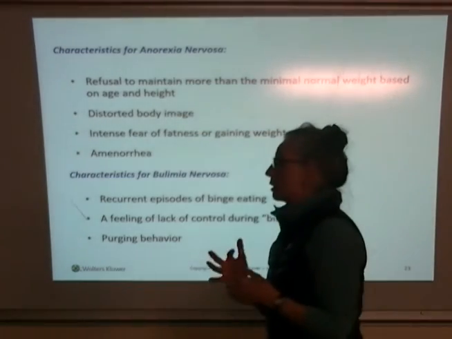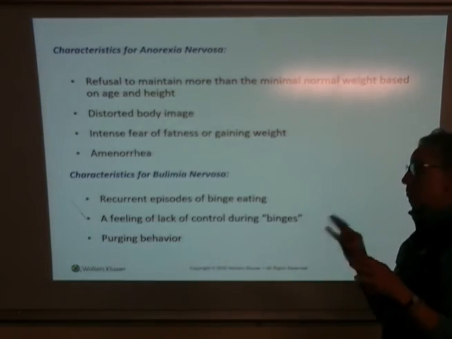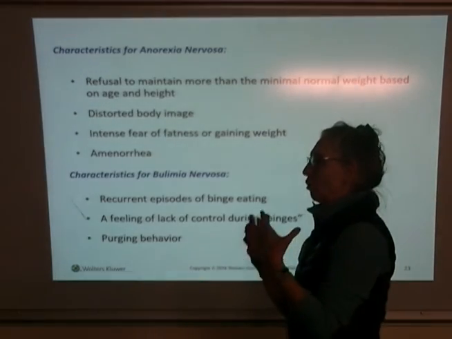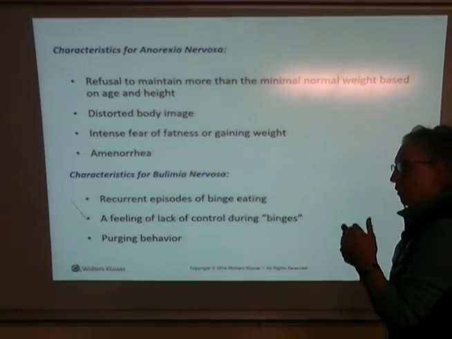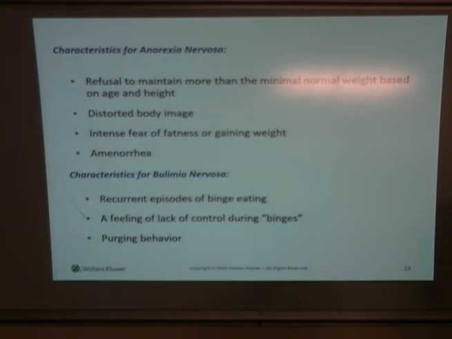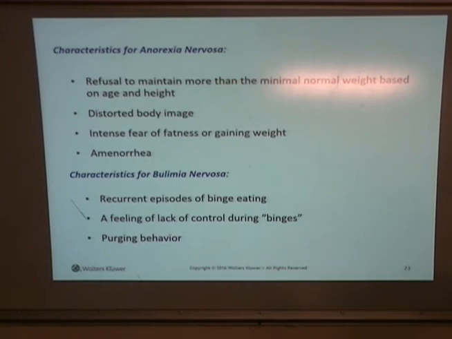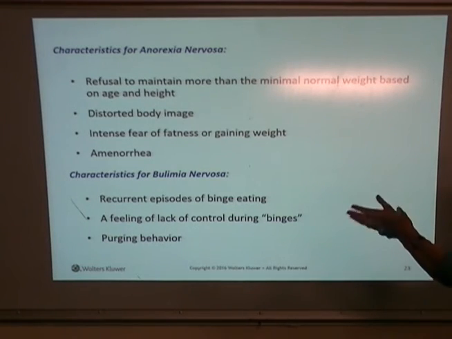Bulimia is a little bit harder to pinpoint if you're not directly involved with that person. So bulimics will binge eat, so they'll eat like anything that's around. And so it's difficult if you take your athletes out for pizza once a week and you have an athlete who eats 4 slices of pizza, then you're like, yeah, this person is eating, they're healthy.